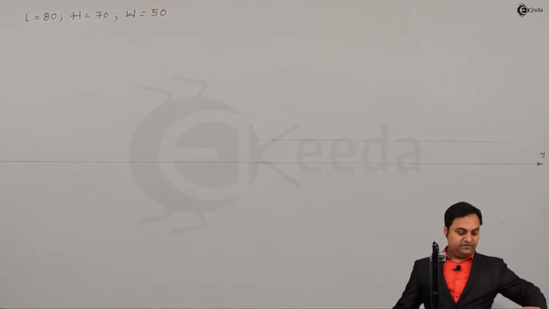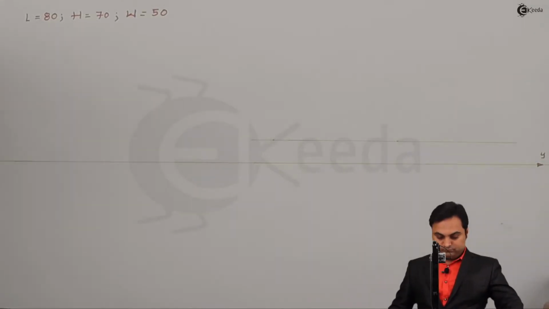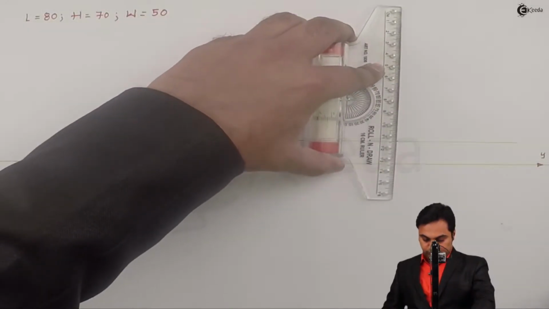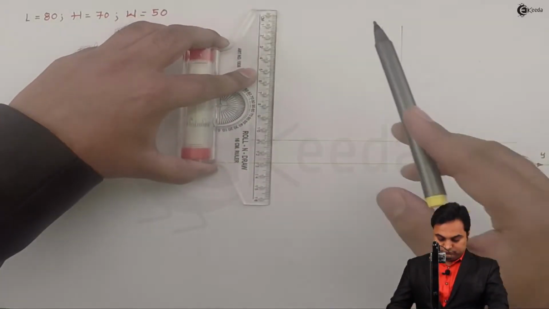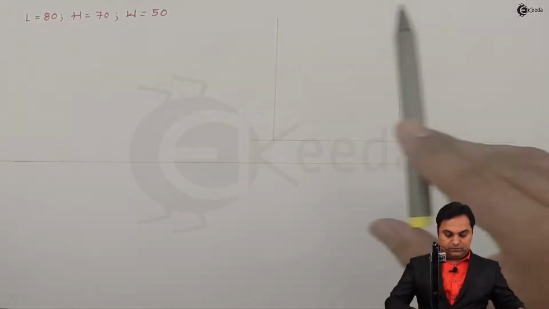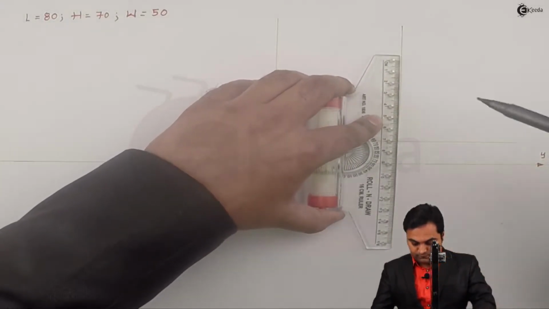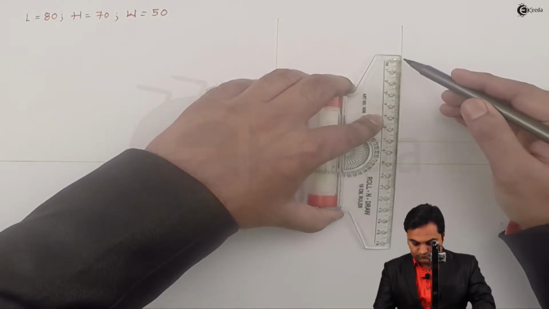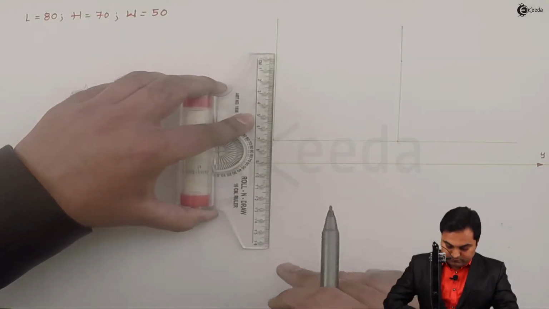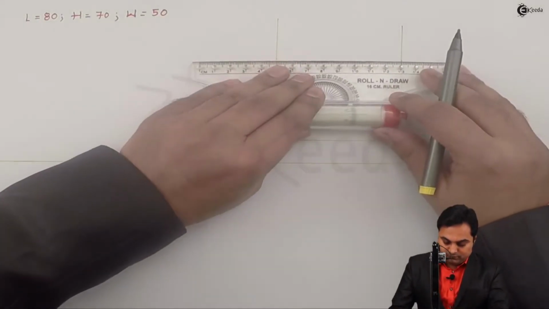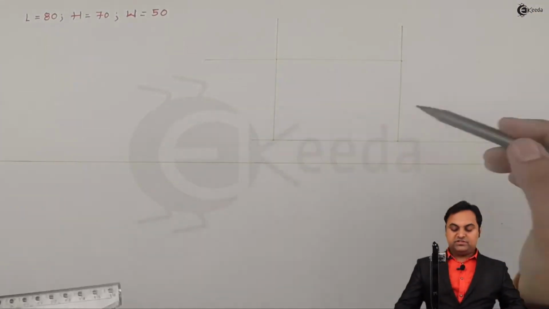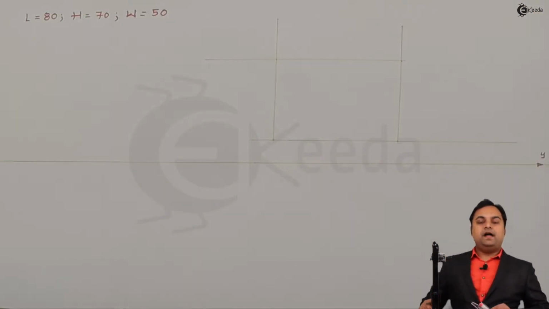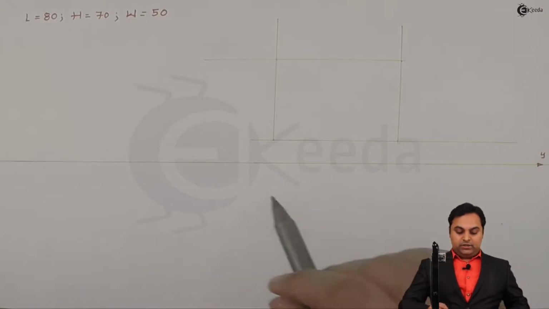Height of the object is 70 mm. So this is the rectangle inside which I'm going to draw the front view.